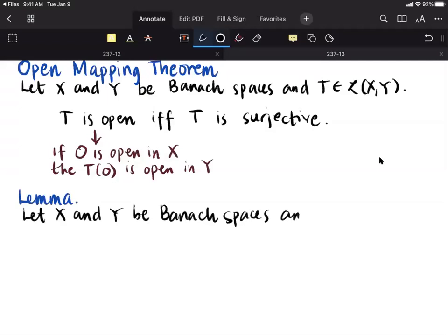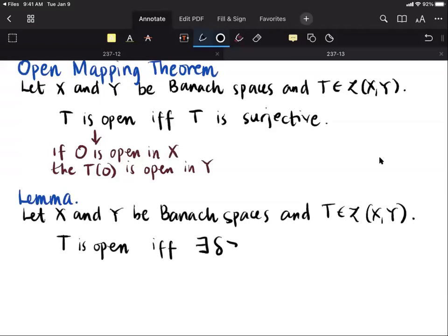That is, we have X and Y as Banach spaces and T a bounded linear operator from X to Y. Then T is open if and only if the image of the unit open ball in X contains an open unit ball in Y.